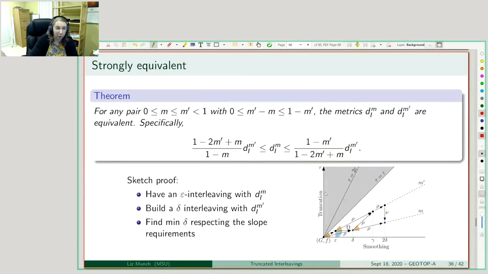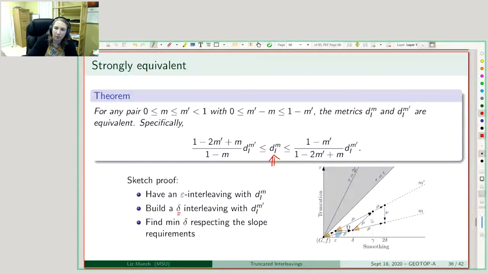The basic proof here, once you have the setup, the idea is that if I have an epsilon interleaving with respect to one of them, so d_I^m, I'm going to try to build a delta interleaving for the other, which essentially comes down to chasing around maps like this, respecting our slope requirements.